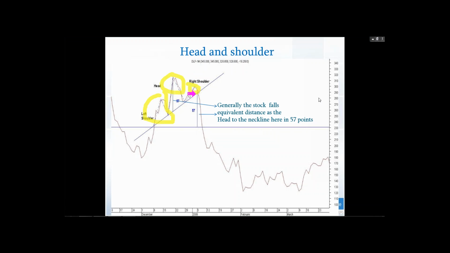This was the neckline breakdown, as you can see, and the stock broke drastically from somewhere around 290 rupees to 110 rupees. So this is how you can see the head and shoulder. The head and shoulder is very effective if you are trading intraday or a positional trade. It is very effective that way.